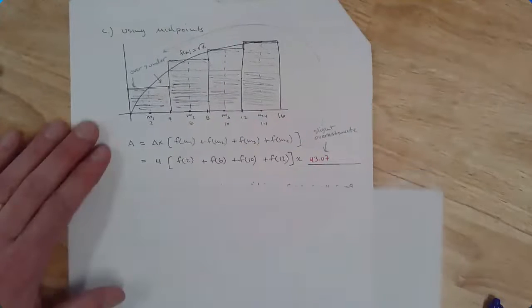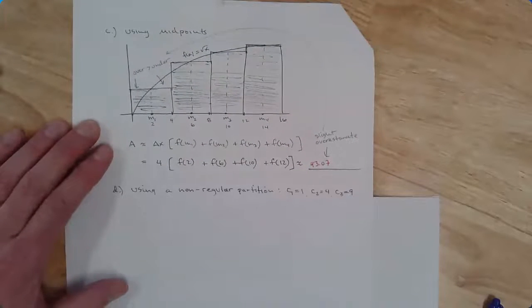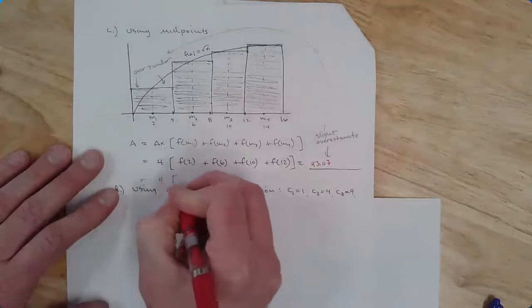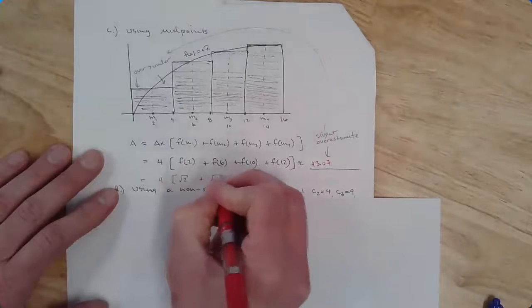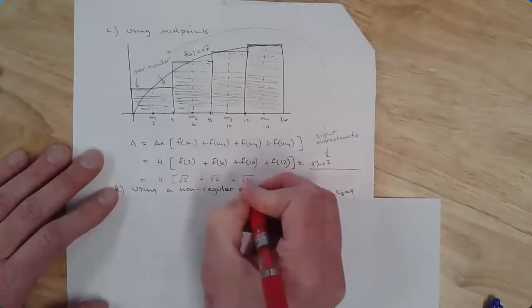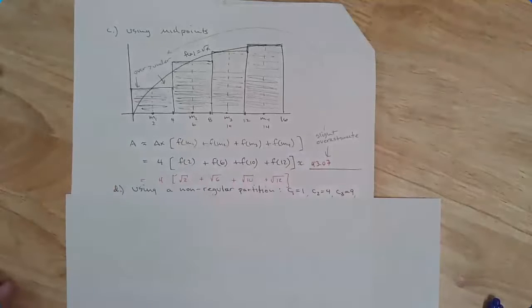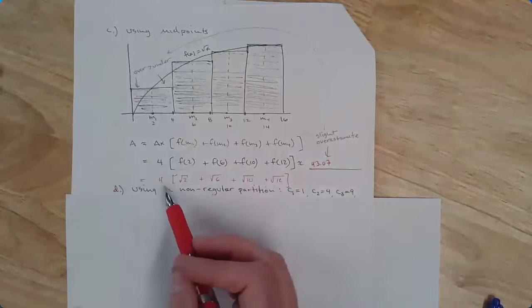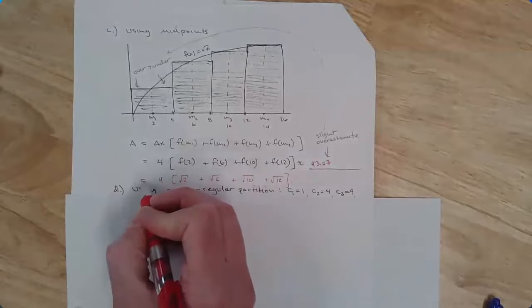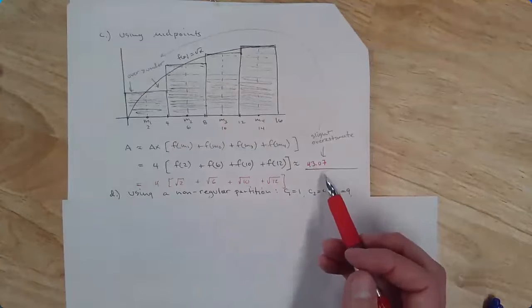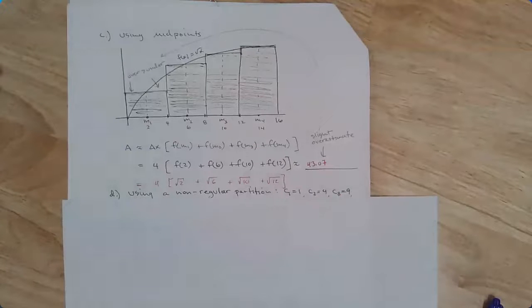I'll write them down here: square root of 2 plus square root of 6 plus square root of 10 plus square root of 14. That would give you an estimate using midpoints, and it's going to be approximately 43.07.